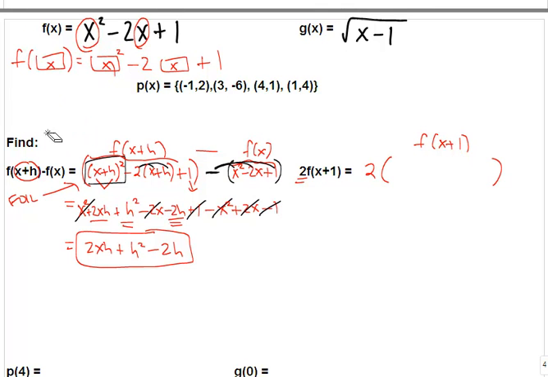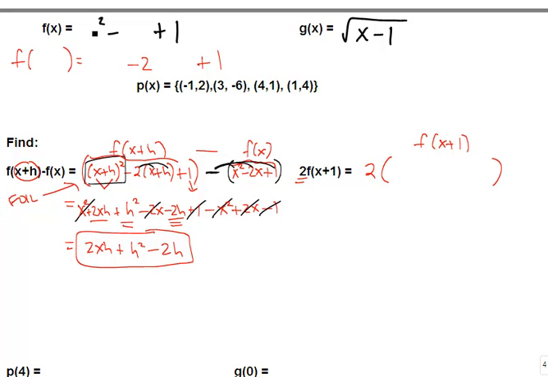Let me erase a few things here. So to figure out what our function is, evaluated correctly, we're going to want to take our function f of x and remember that it's our input squared minus 2 times our input plus 1. So this time around, our input, our stuff, is this x plus 1 quantity.